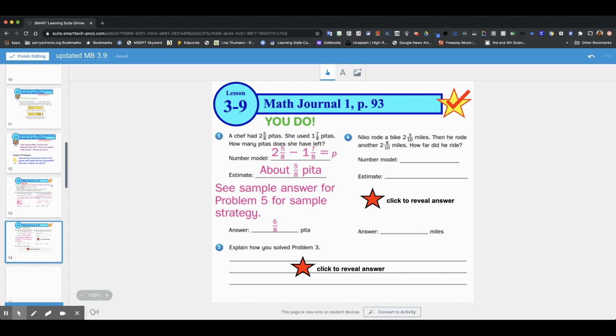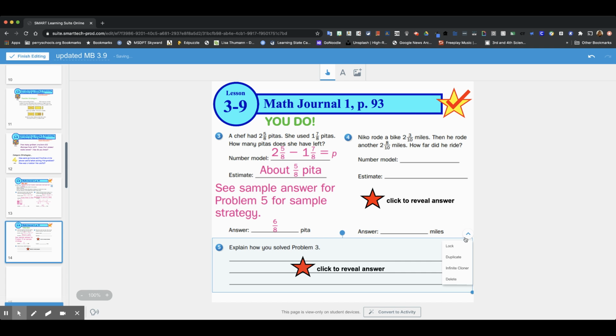Okay, so if you had a half of a pita, that would work as well. So again, seeing the sample answer for problem 5 for a sample strategy. Okay, so we will move on to number 5 right now, since it connects to number 3.